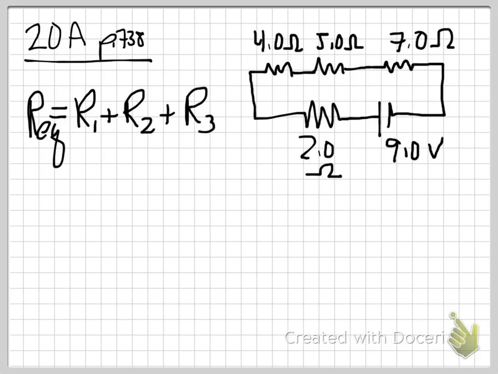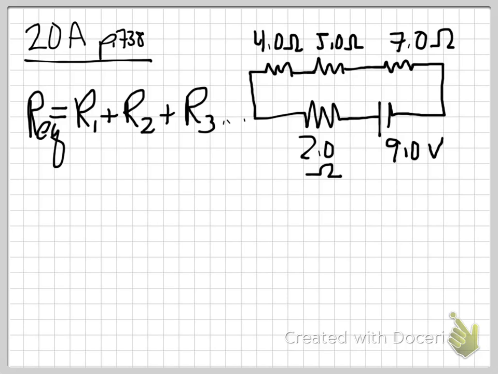Okay, so this is problem 20A, and it's all series resistors. We actually have 4 resistors in series here. We're told that a 9-volt battery is connected to 4 light bulbs with these resistances. Find the equivalent resistance for the circuit and the current in the circuit.